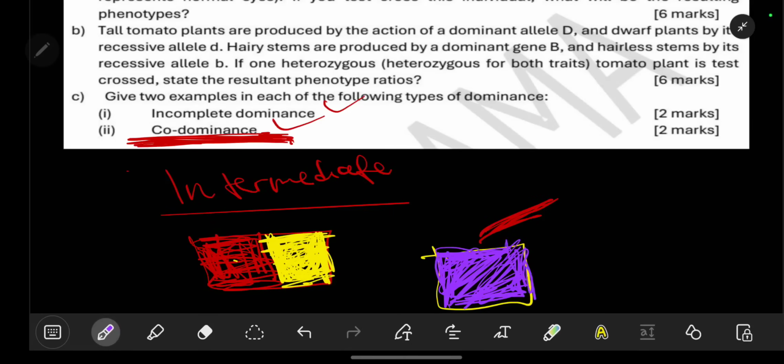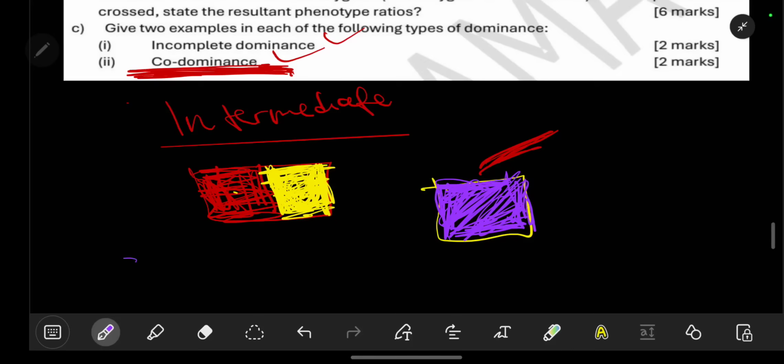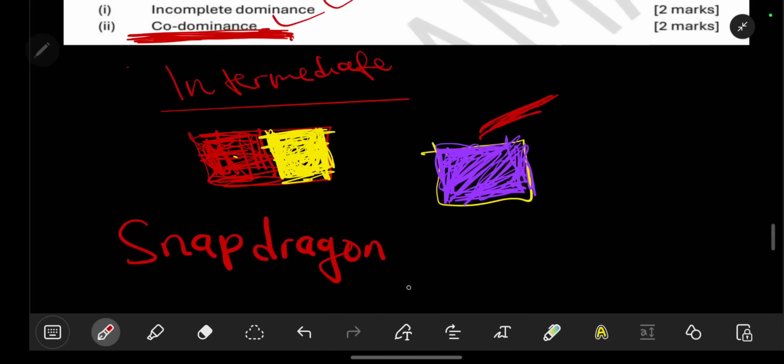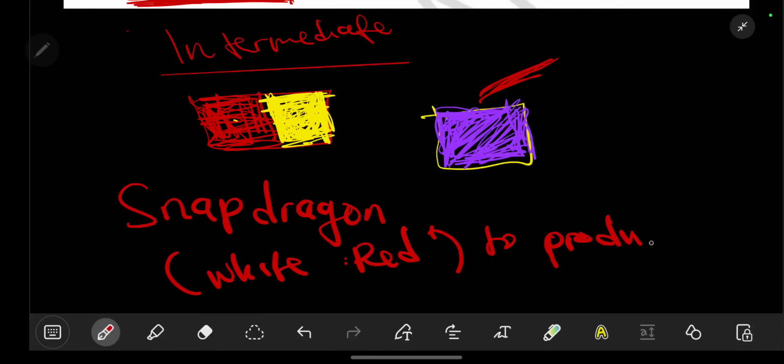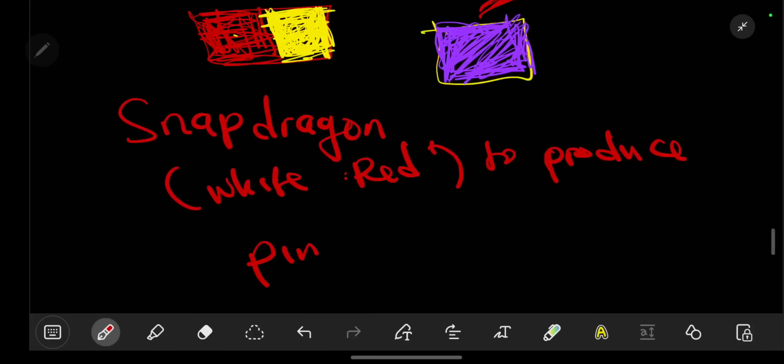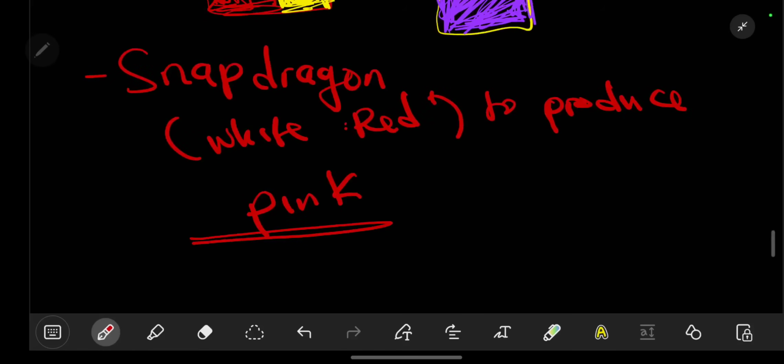An example of incomplete dominance is the famous example of the snapdragon, where a white flower is combined with a red one to produce pink. So this pink is incomplete dominance because it is an intermediate.